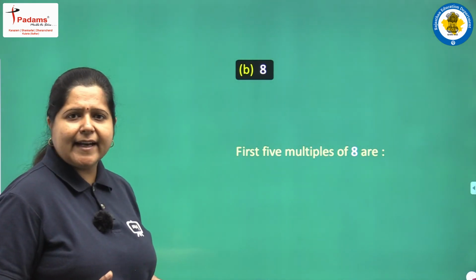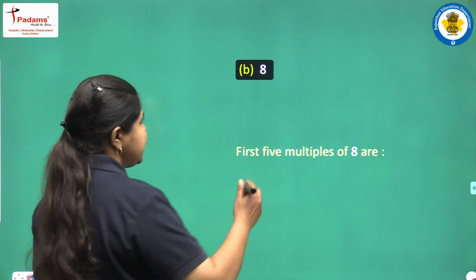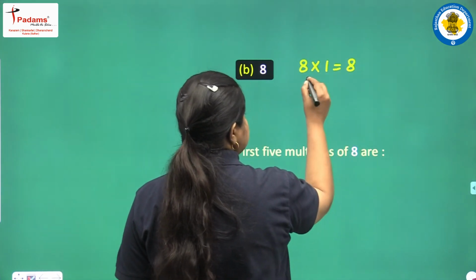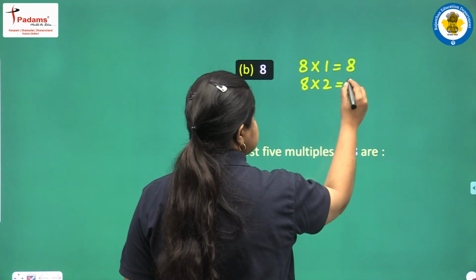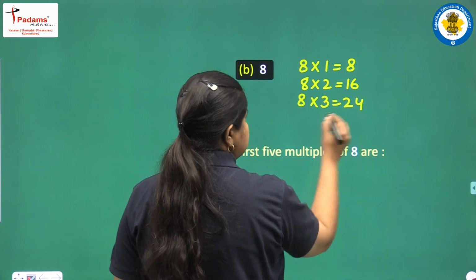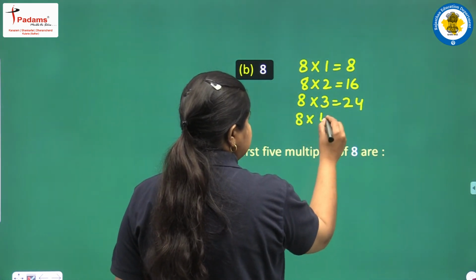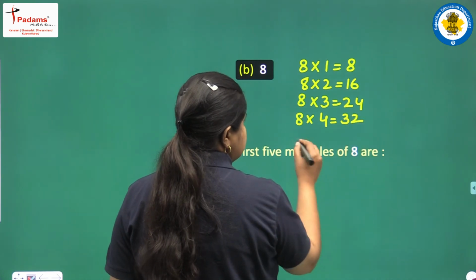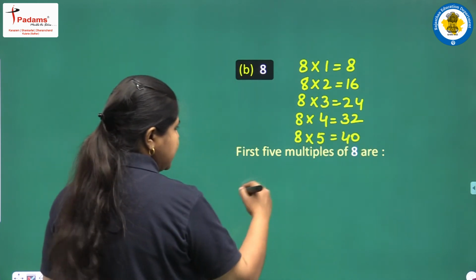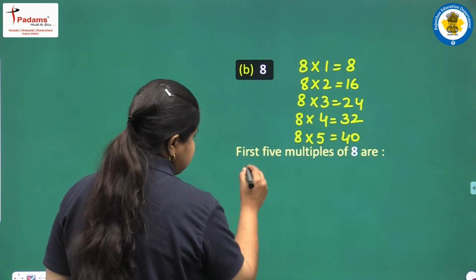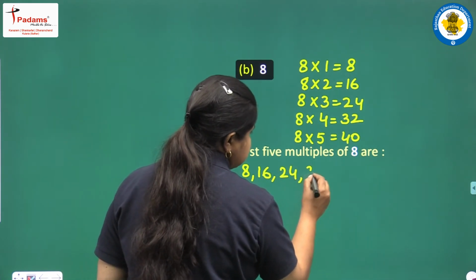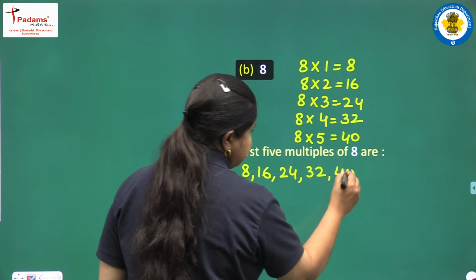Again we can directly write the table of 8 or we can show the multiplication statements in this way. 8 ones are 8, 8 twos are 16, 8 threes are 24, then we have 8 fours are 32, then 8 fives are 40. So we have the first 5 multiples of 8 as 8, 16, 24, 32 and 40.